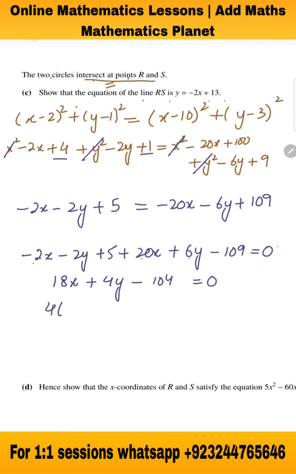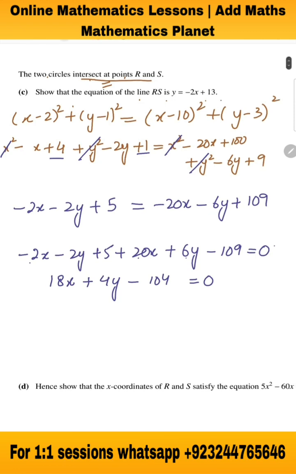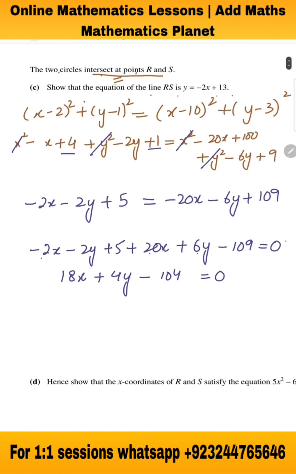No, it should be 4x. 2ab, it should be 4x.